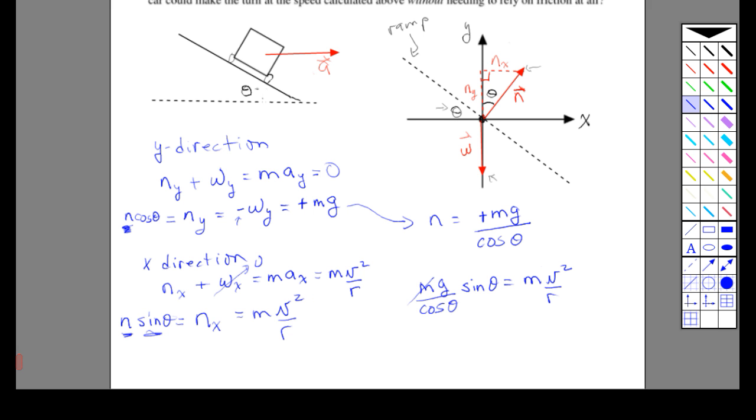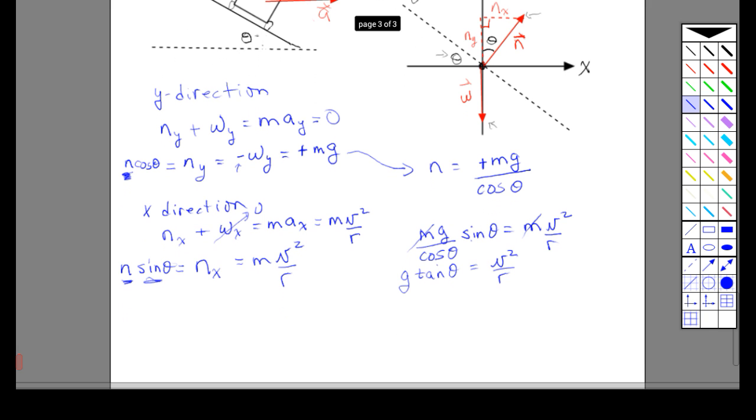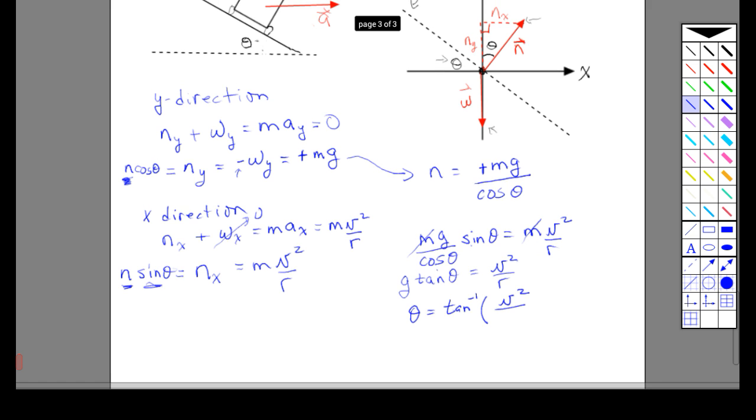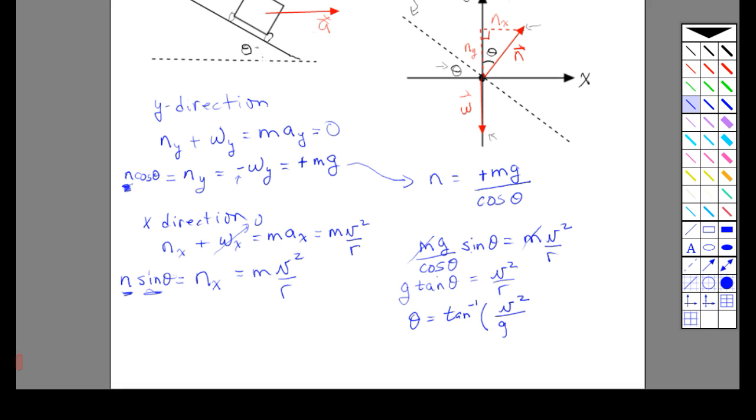Note the m's cancel, which is what we want, and the sine over the cosine is just a tan. So we have g tan theta equals v squared over r. Solving for theta, I'm going to do this in one step: theta is equal to the inverse tan of v squared over g times r.